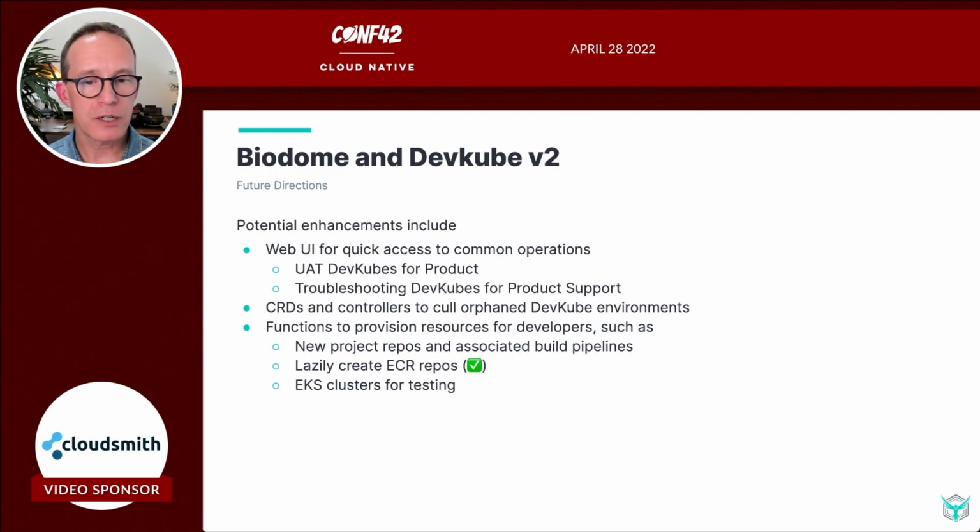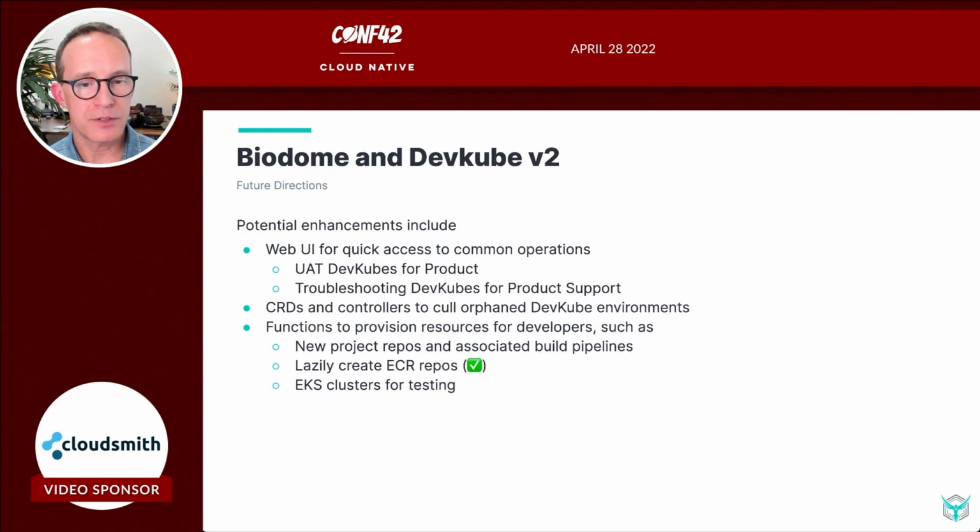Why not just have a Gradle command or a Biodome command that just creates that repo and creates those build pipelines? When we go to push new containers to ECR repos, we have to create those ECR repos. Again, we use Terraform to do that. And it doesn't take that long, but it takes a little bit of work and coding to do, and it's not all that DRY.